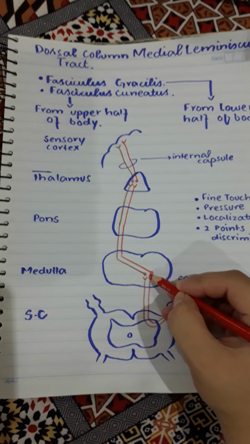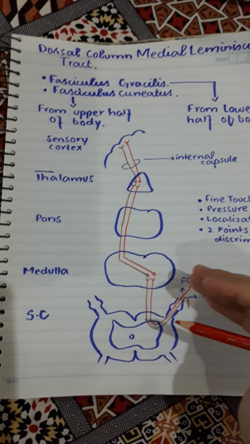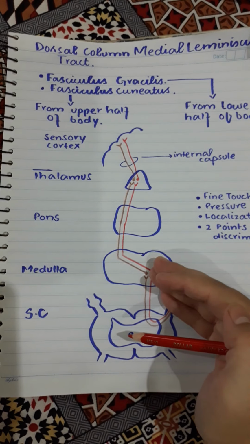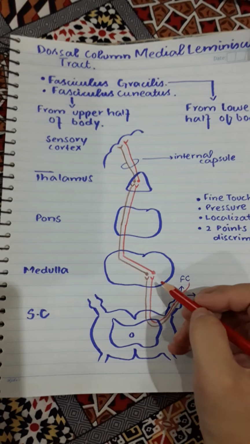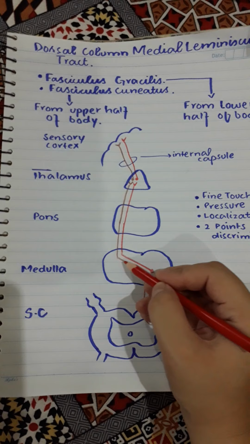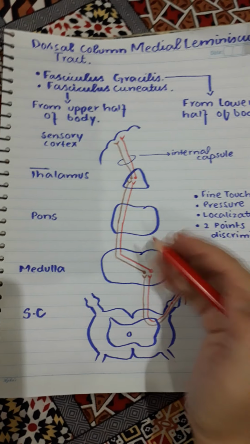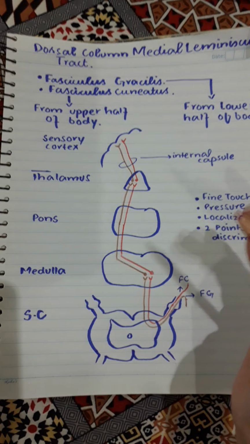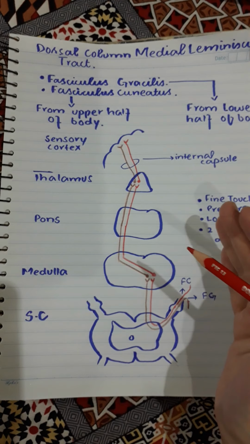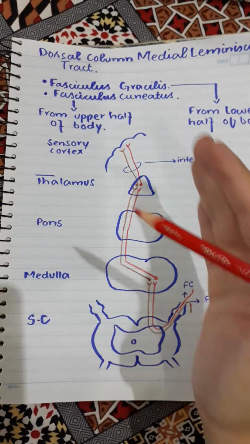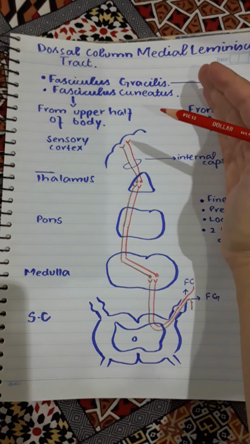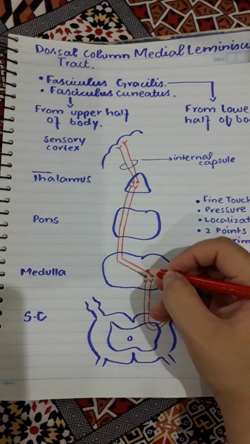In the medulla, when these fibers come, they decussate, or cross, in the opposite direction. That's why the right half of the body is controlled by the left half of the cerebral cortex, and the left half of the body is controlled by the right half of the cerebral cortex, because of decussation of these fibers.